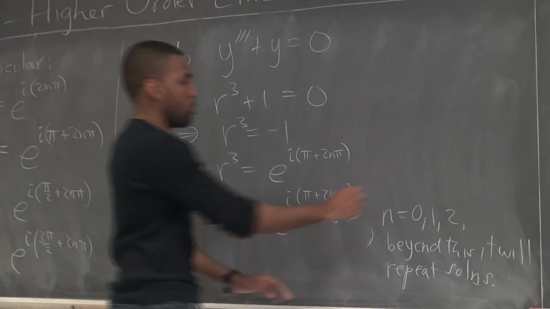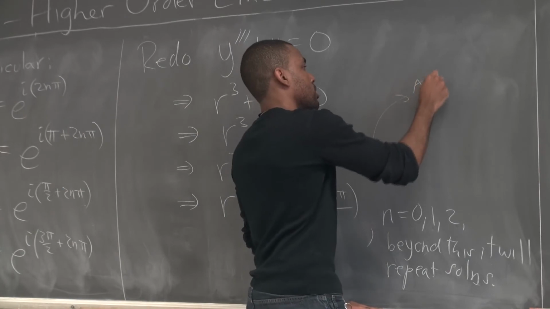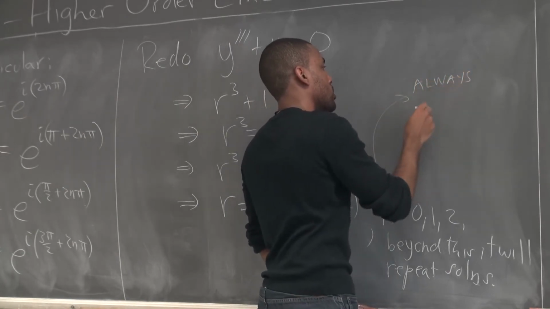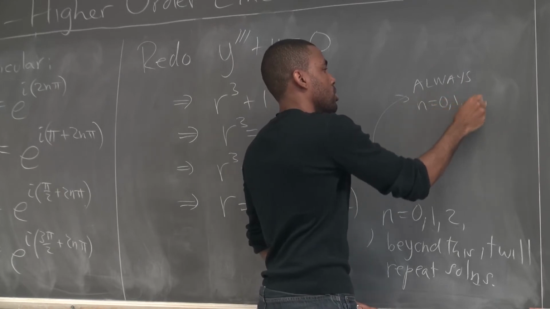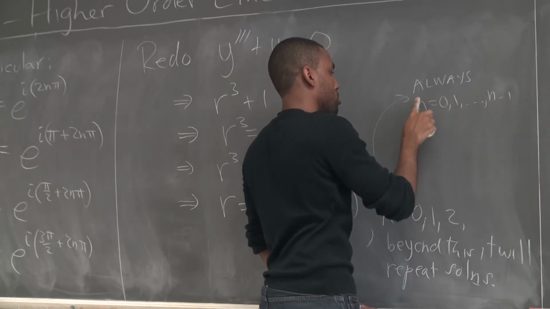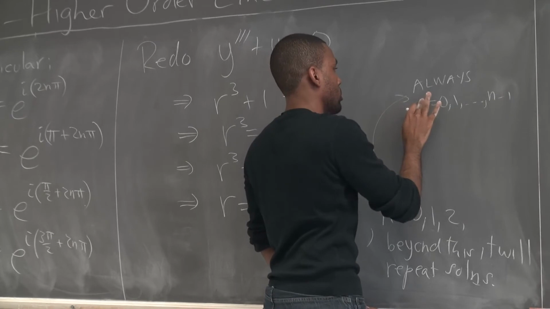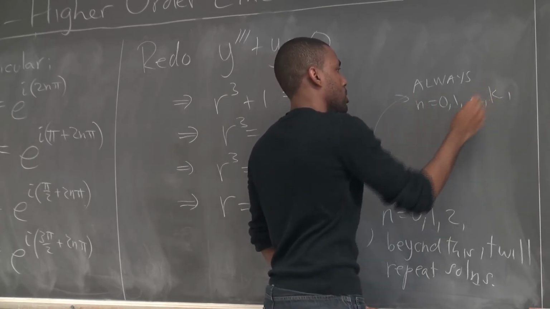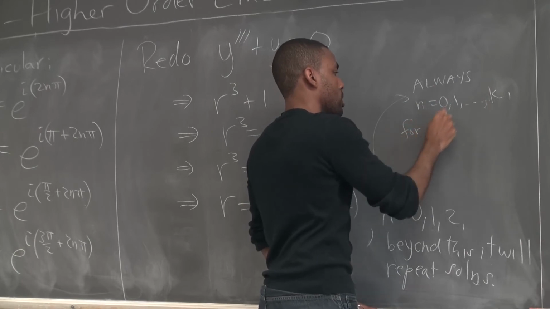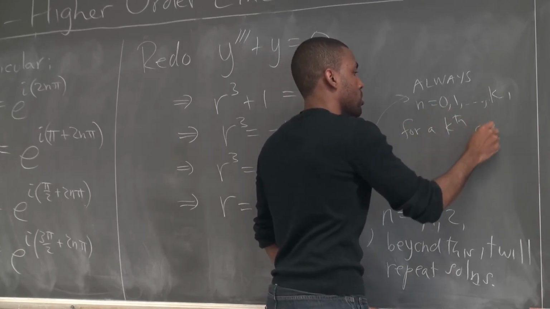So you always have n go from 0, 1, all up to n minus 1 for a kth order.